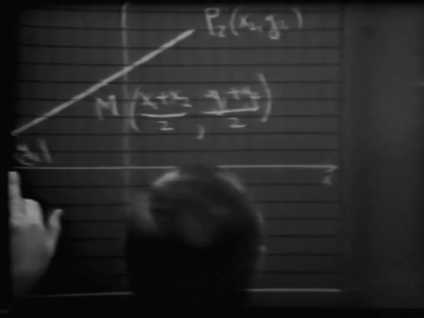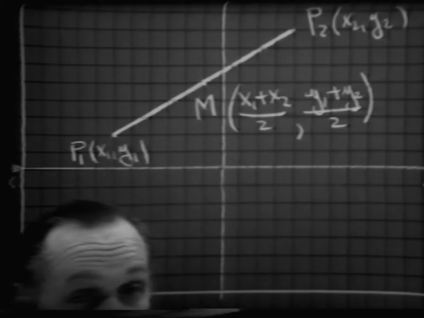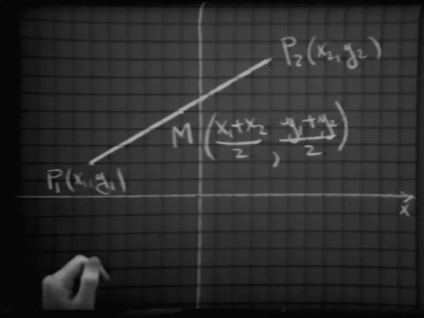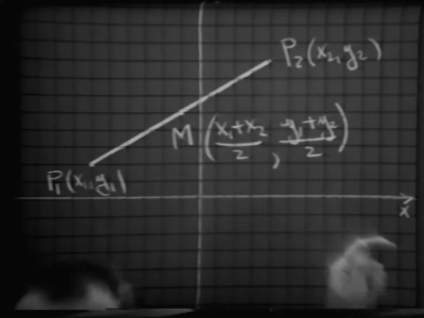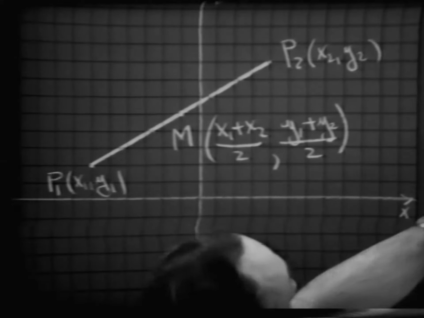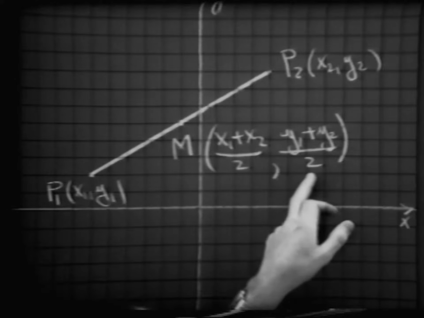That is, let's talk about the slope of P sub 1 M. And we would like to show that this is equal to what slope? Let's say P sub 1 P sub 2, that segment. Well, what then is the slope of P sub 1 M? It is the change of the y values, right?